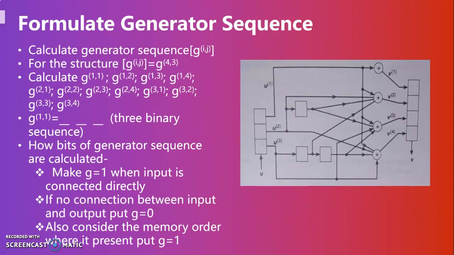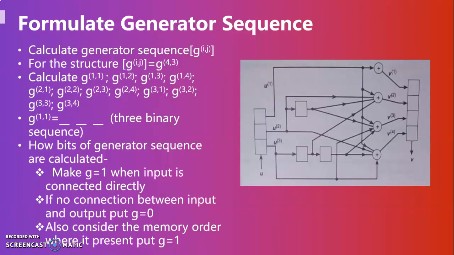Now, from this figure, first we have to find out G, the generator sequence, that is, the links connected from one input to one output, with or without memory. In our previous example, for two outputs and only one input, I took G suffix 1 for one output and G suffix 2 for another.